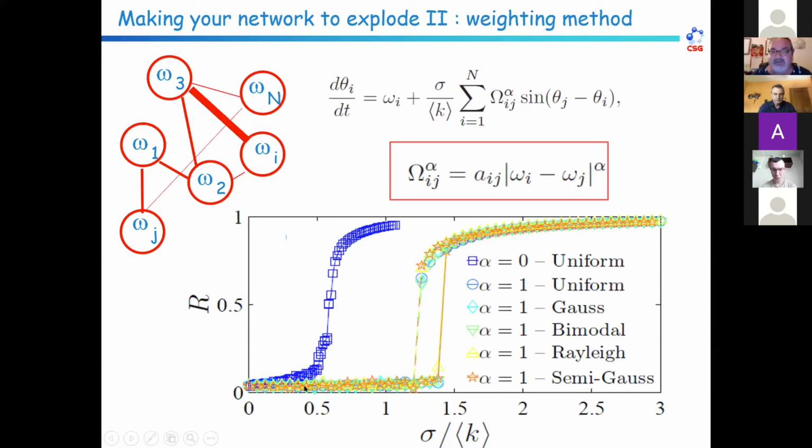So you see, I here report the curves for different frequency distributions: uniform, Gaussian, bimodal, Rayleigh, semi-Gaussian, and at alpha equal to 1 these curves overlap perfectly, which means that independently of the specific frequency distribution, you always have the same explosive transition.